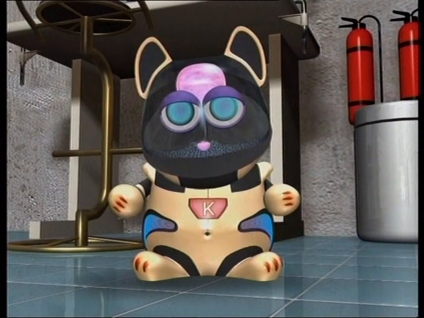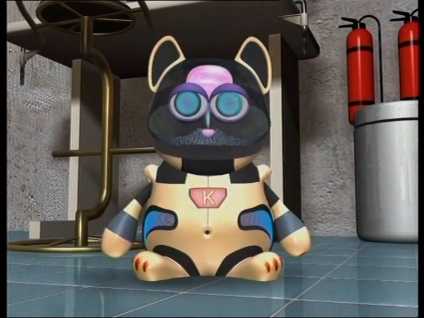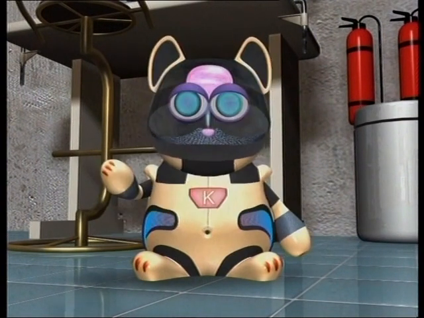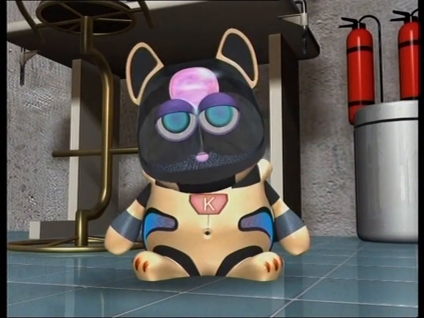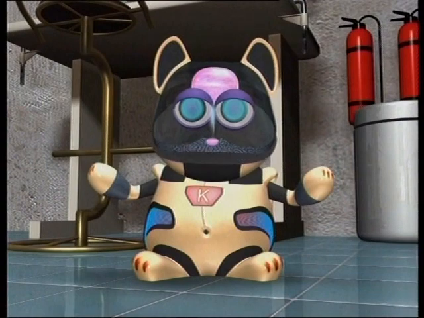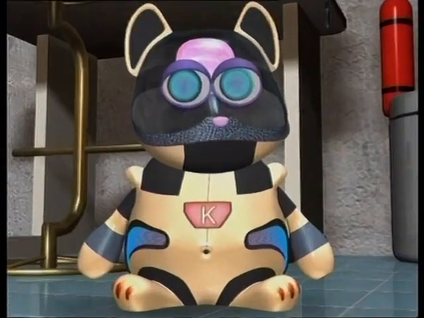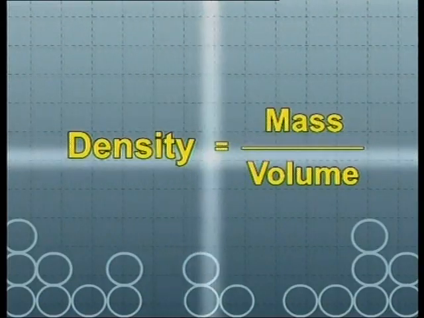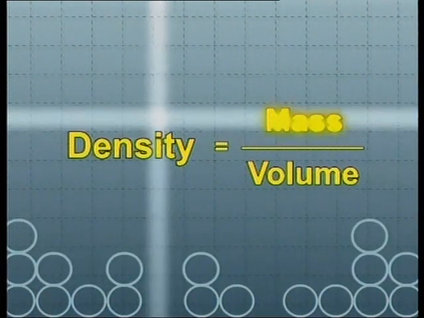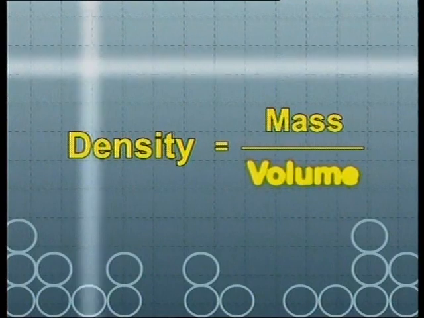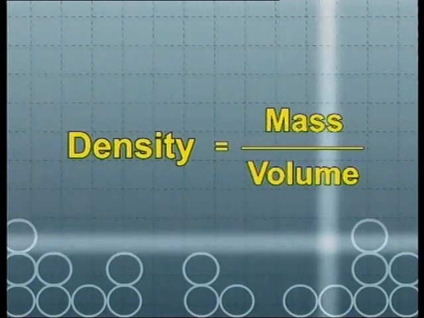For a unit volume, the density of a substance is defined as the quantity of matter in that substance. We can easily find the density of a substance if we know the mass and the volume of the substance.